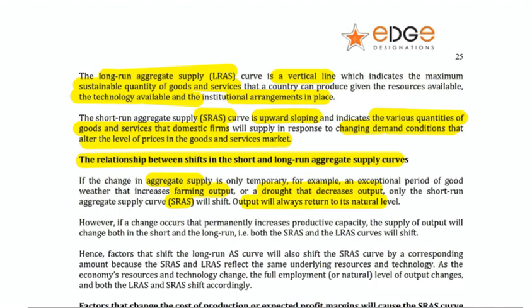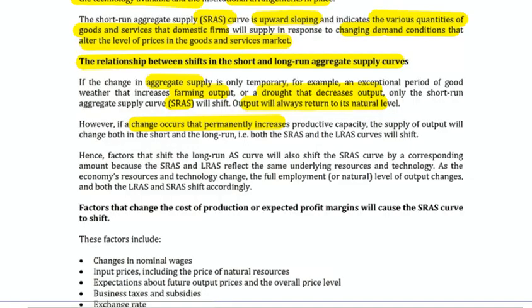Output, after the exceptional period is over, is just going to return back to its normal level. However, if the change is permanent, and it causes a permanent change in productive capacity, the supply will change both in the short run and in the long run, and then both the short run and the long run curves are going to shift.